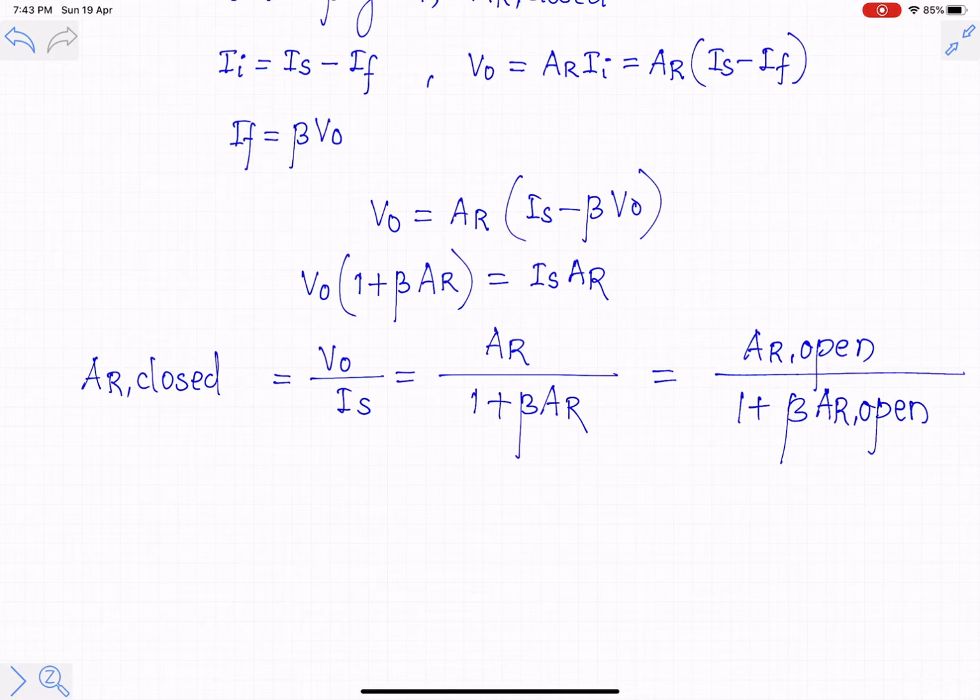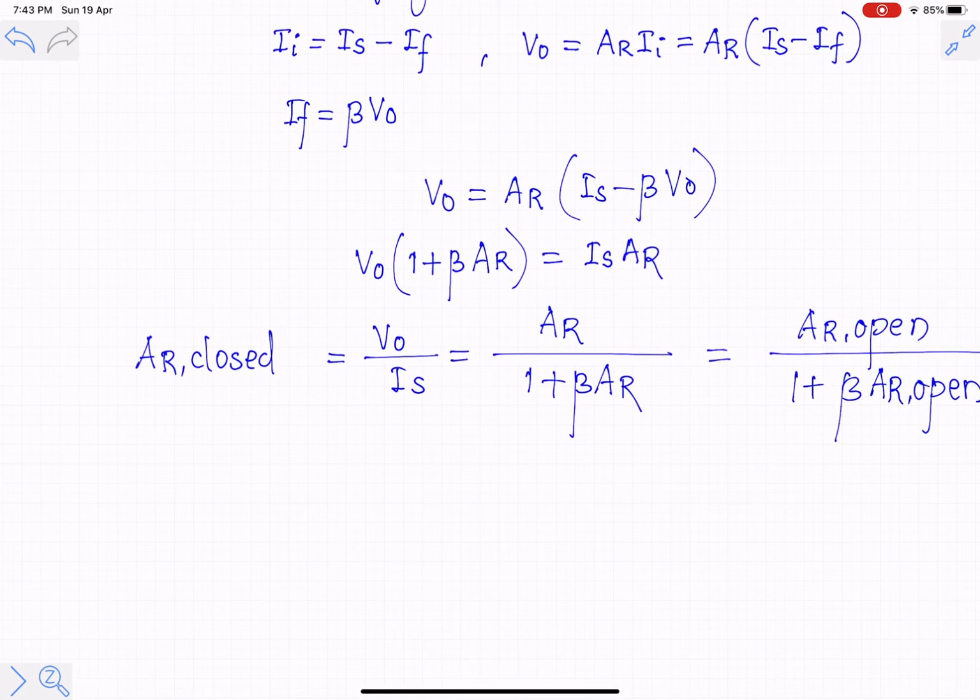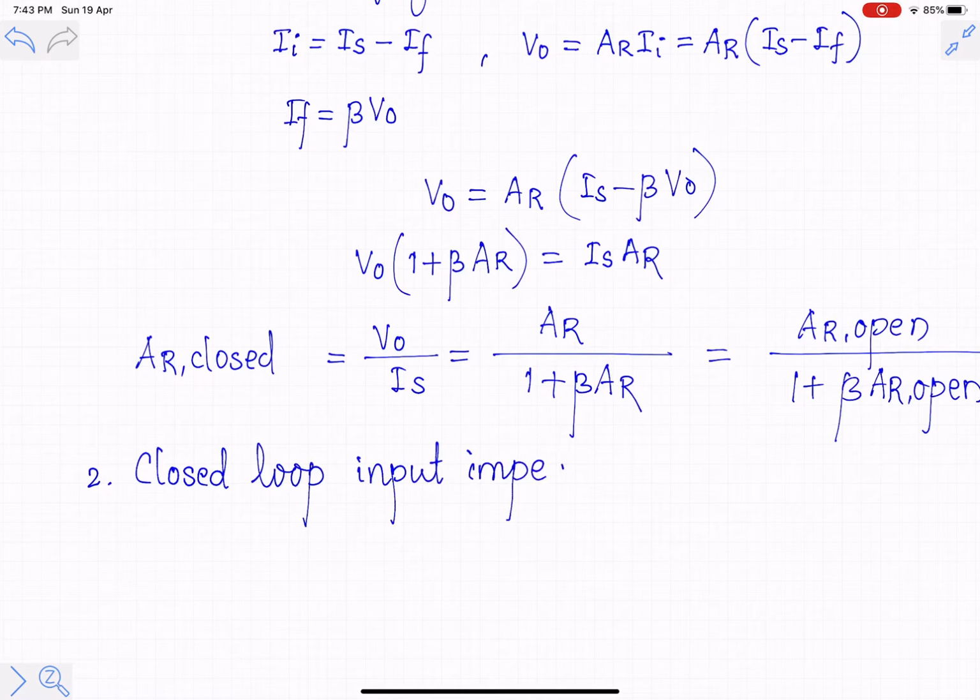Gain always reduces. The second quantity that we have to calculate is the closed loop input impedance, which we have shown as Ri closed.